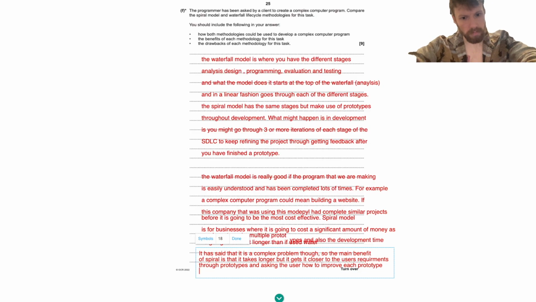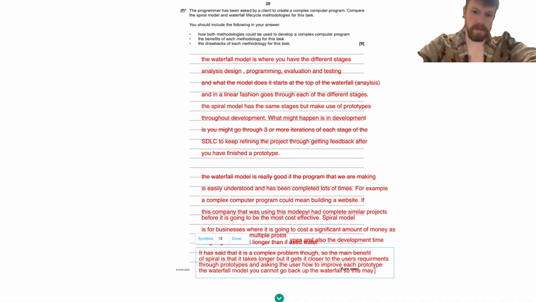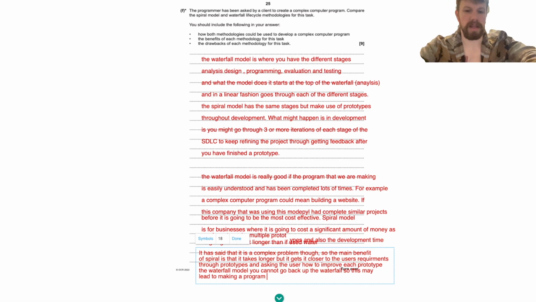The waterfall model, you cannot go back up the waterfall. So this may lead to making a program that isn't what the user wants.